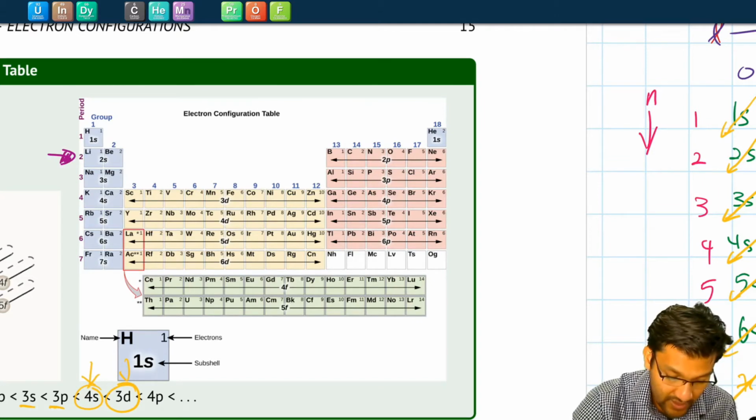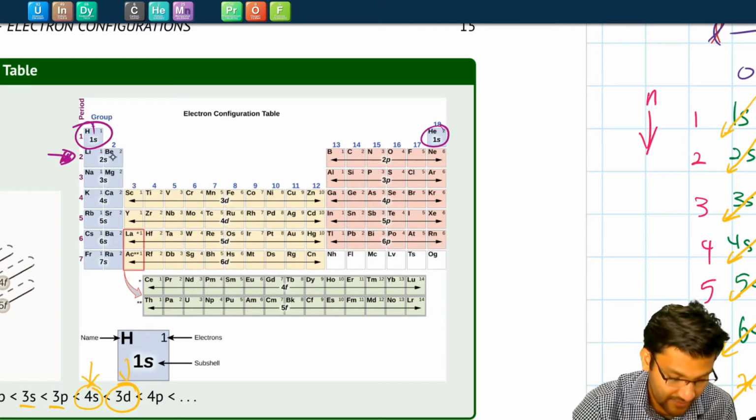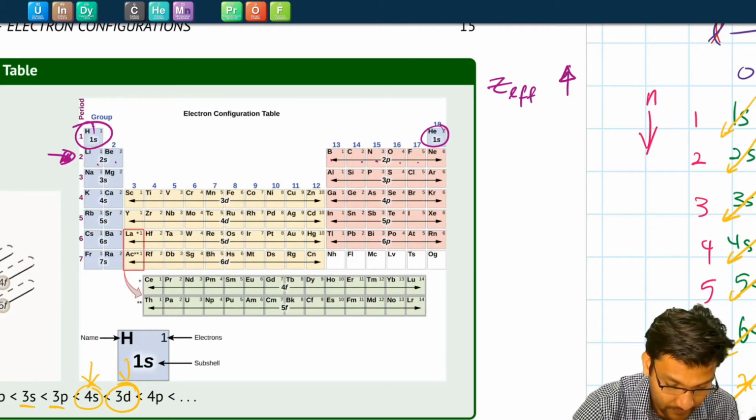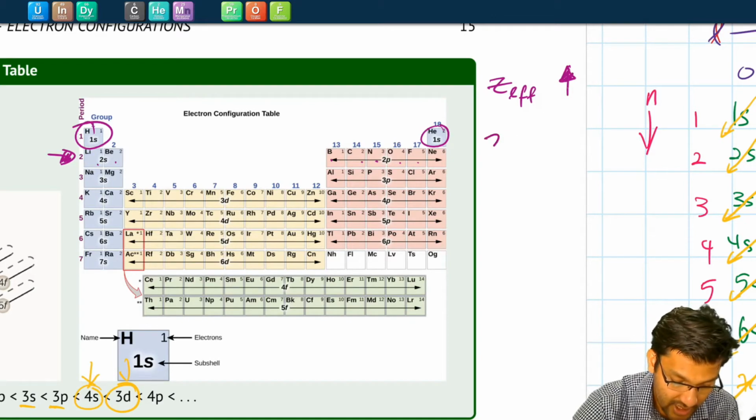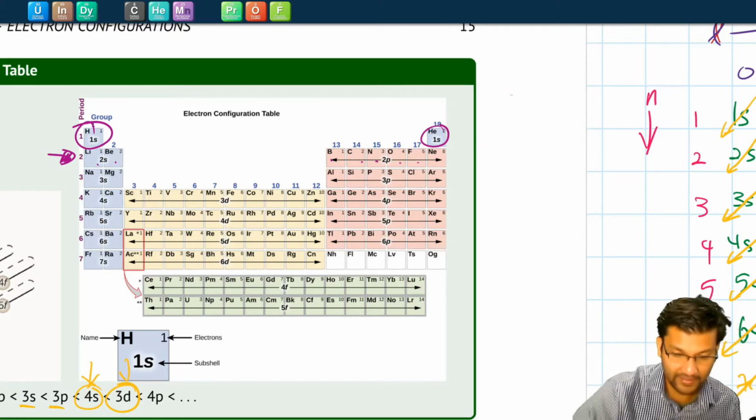The number of core electrons in this case is always going to be 2, right? Everything else are going to be valence electrons. But the nuclear charge Z increases, right? It goes from 2, 3, 4, 5, 6, 7, 8, 9, and 10. So the Z effective goes up because the nuclear charge goes up, but the core electrons stay the same. So as we go across the period, the Z effective goes up.